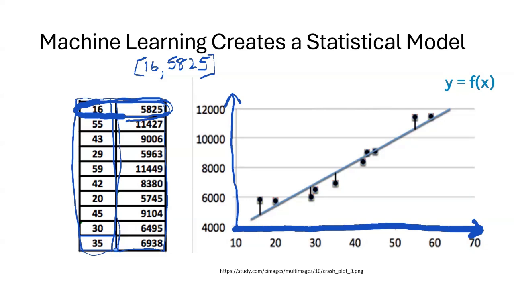We can take these two numbers and plot them. Here's 10, here's 20, so 15 is in the middle somewhere. So here's 16, let's say, and we plot up until we get to 5,825 roughly.